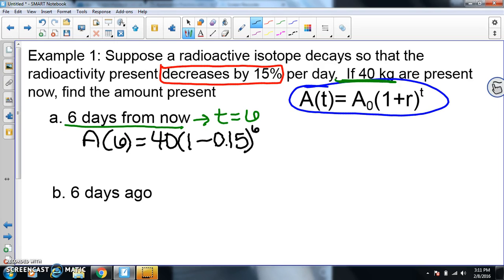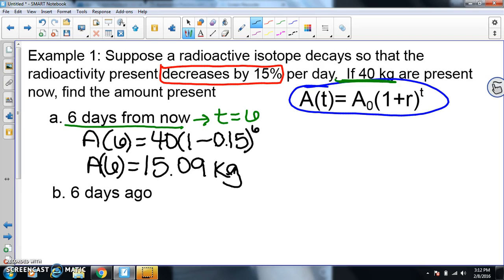So we have 1 minus 0.15, which is 85 hundredths, raised to the 6th power, times 40, and we get 15.09 kilograms. So that's how much is left 6 days from now.